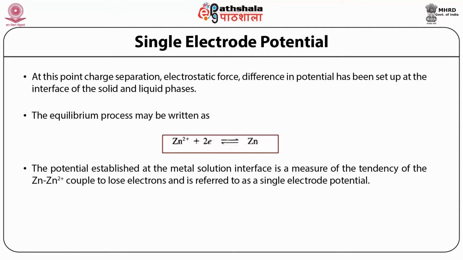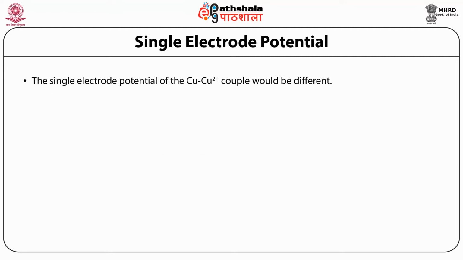If the metal had been less active than zinc, say copper, the process would not have proceeded so far to the left as in the zinc case. The single electrode potential of the copper-copper ion couple would be different, that is Cu2+ plus 2 electrons in equilibrium with copper metal.